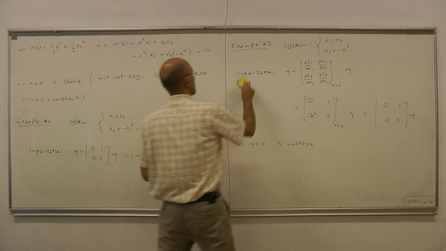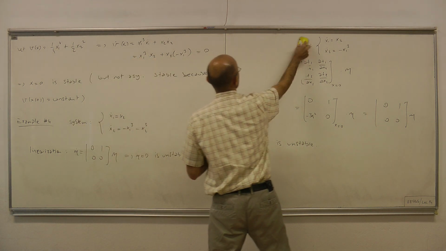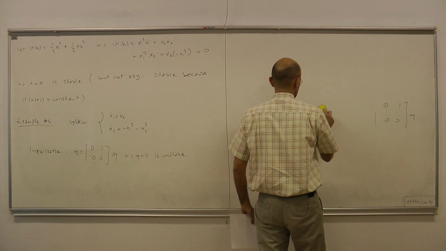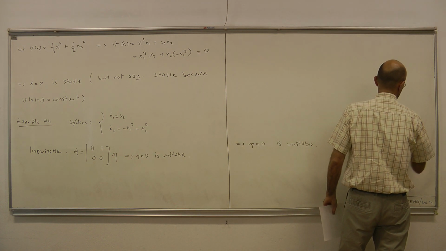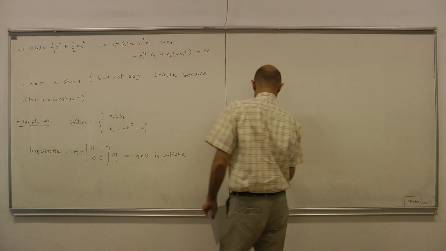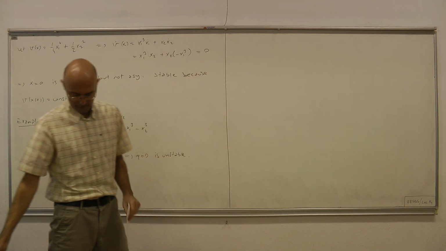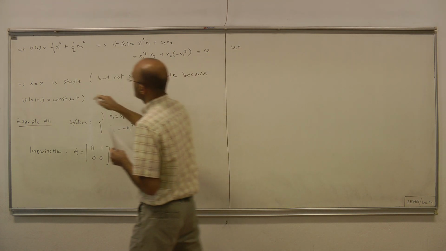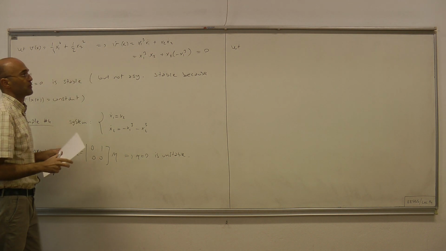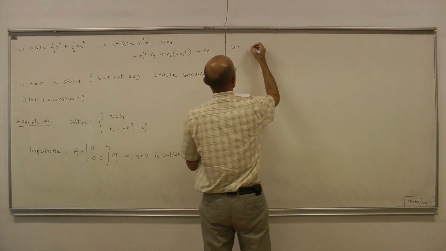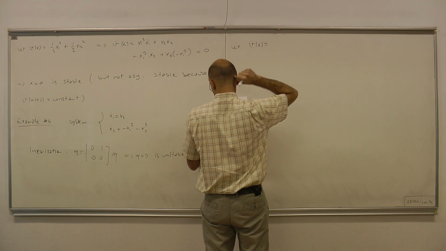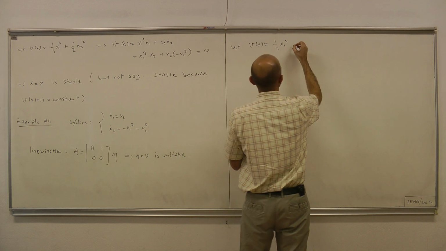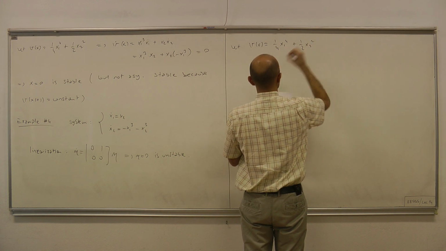How about the origin? Again, let's work with the same Lyapunov function. Let V of x equal 1/4 x1 to the 4 plus 1/2 x2 squared.